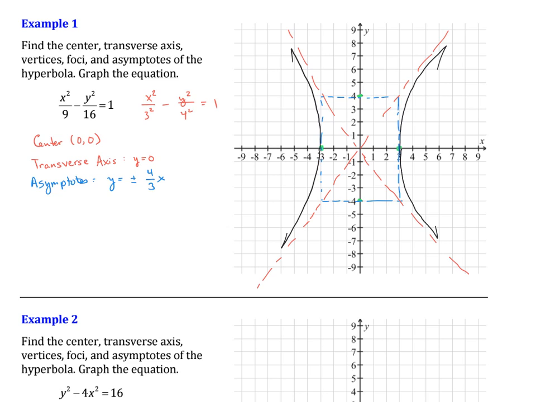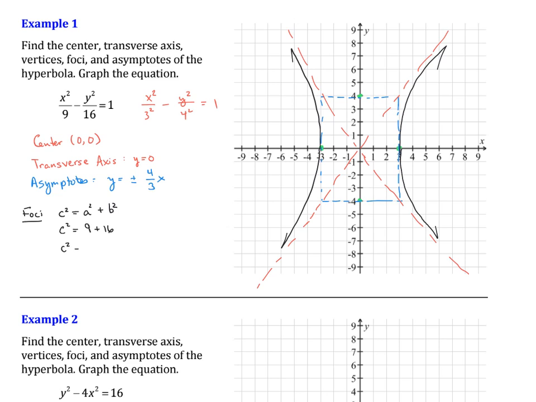Now we just need our foci. Now, to find our foci, we know from our equation on the previous page c squared equals a squared plus b squared for a hyperbola. And so c squared is going to be the sum of the denominators of our original equation. Now it doesn't matter really which one's which because we're adding.